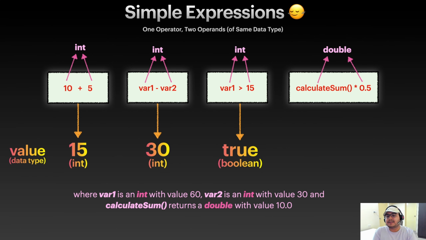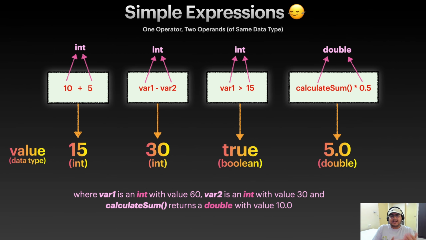Similarly, var1 greater than 15, which simplifies to 60 greater than 15, evaluates to true, which is a Boolean literal. And in the last case, calculate sum returns 10.0, which is multiplied by 0.5 to give the result of 5.0 of type double.